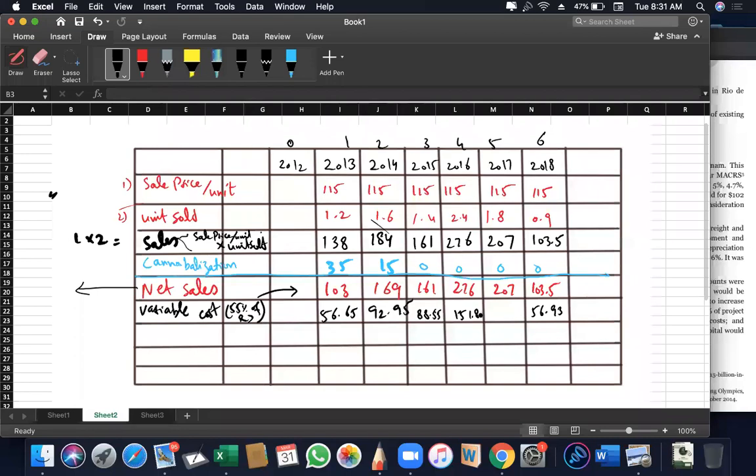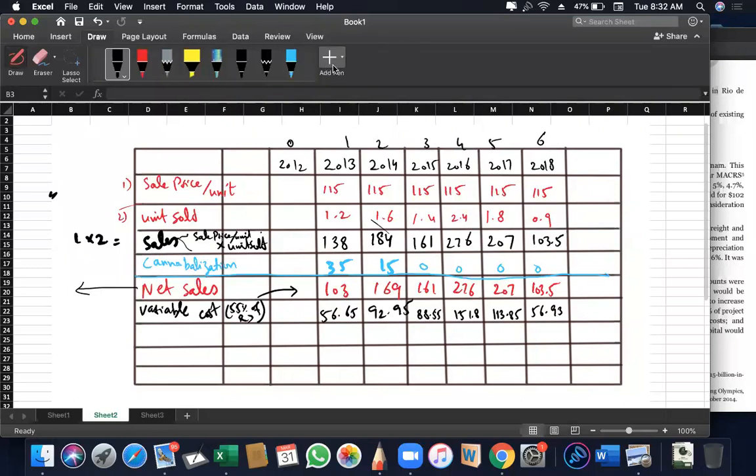The next one is 3.85. Okay, done. Now this is how we calculated the variable cost as well.